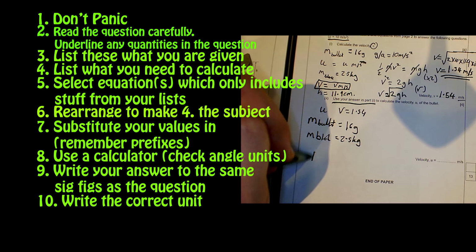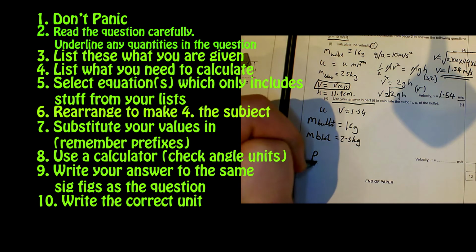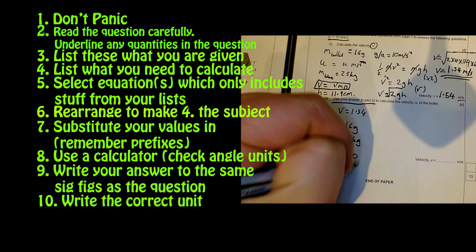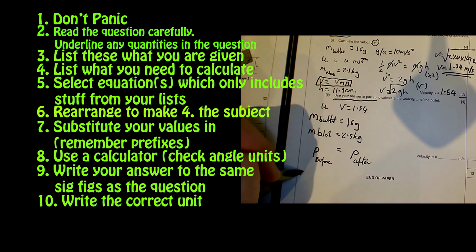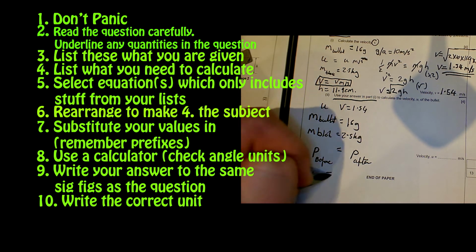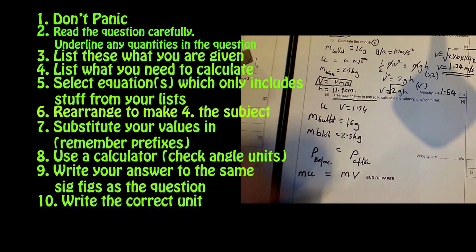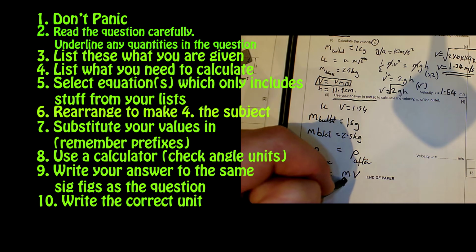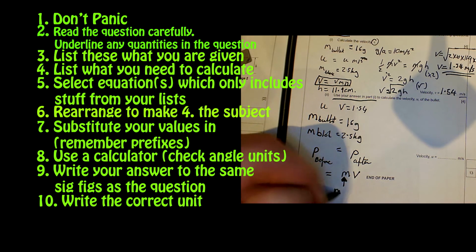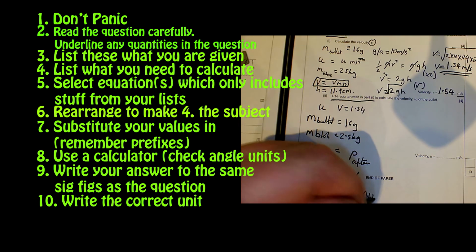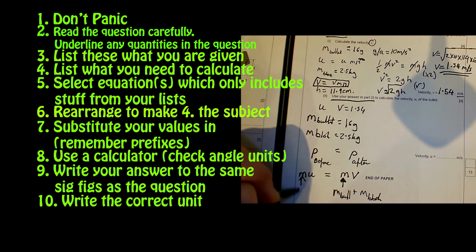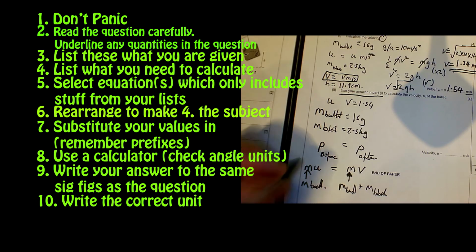Momentum before equals momentum after. So m u equals m v. This m is going to be m bullet plus m block, and this m is just m bullet. So I'm going to have 16.